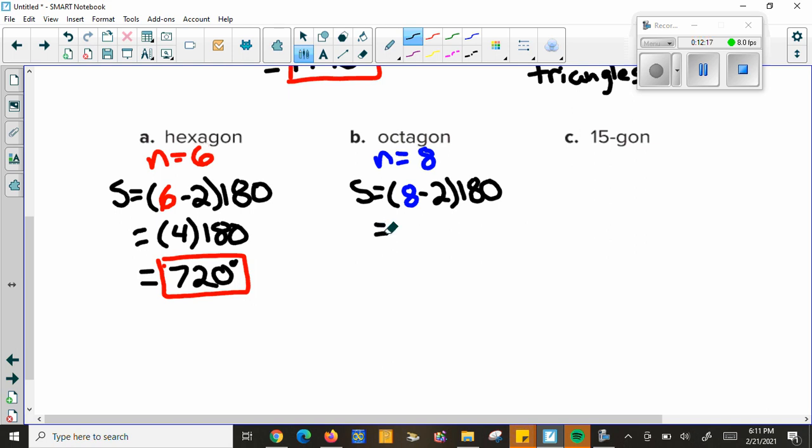I'll simplify inside of parentheses first. And I end up with a total sum of 1080 degrees.